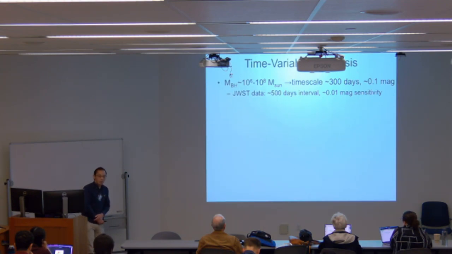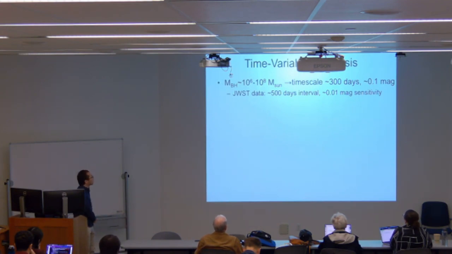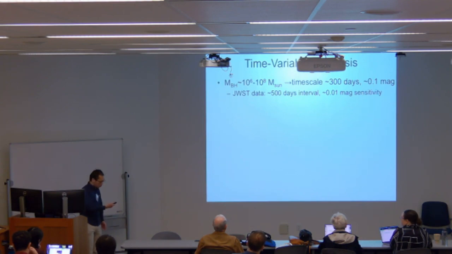As you know, there are now multi-epoch JWST datasets whose time interval is about 500 days in the observed frame, and of course JWST is very sensitive. So this indicates that if these broad-line AGNs have time variability similar to the local universe, then we should detect the variability in the multi-epoch images.